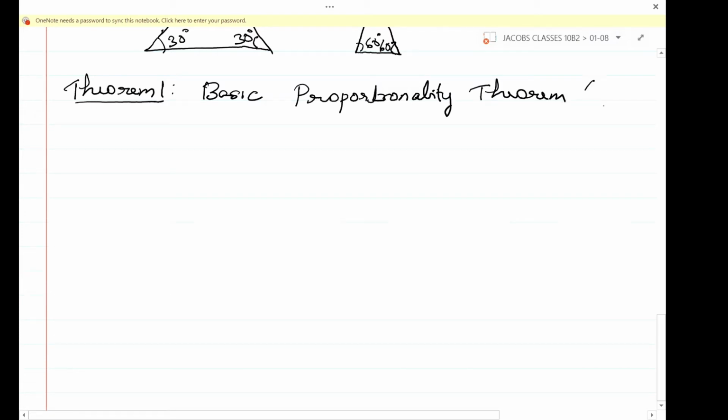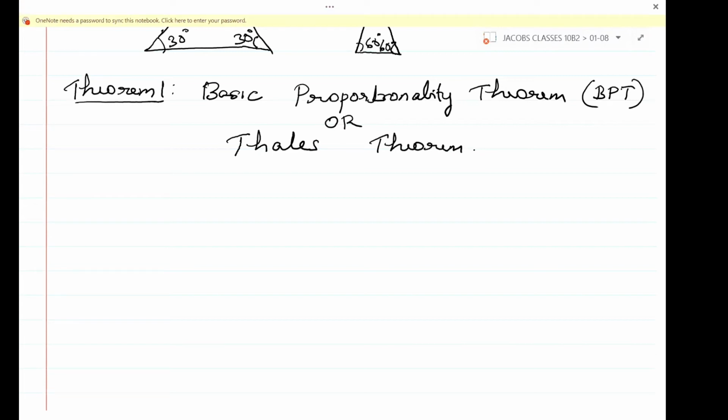In bracket, the short form is BPT. This theorem is also known under the famous Greek mathematician's name, Thales theorem. So please write the heading: Basic Proportionality Theorem or Thales theorem.